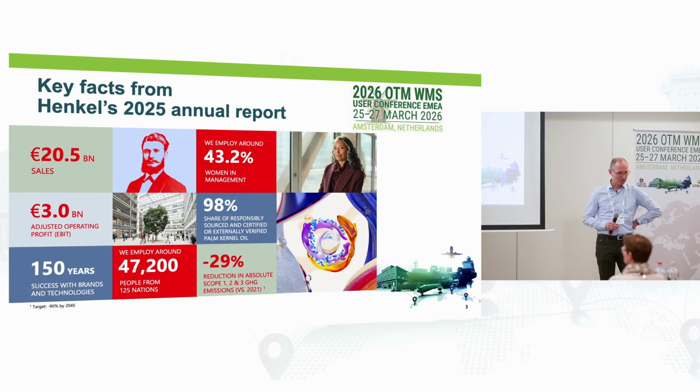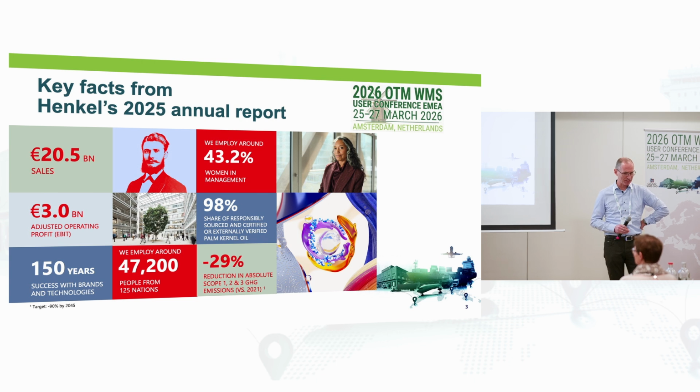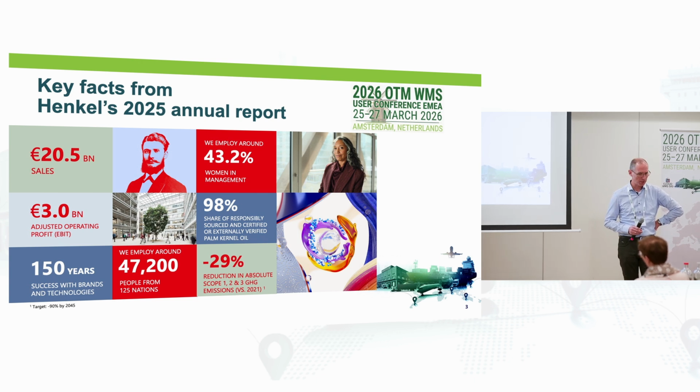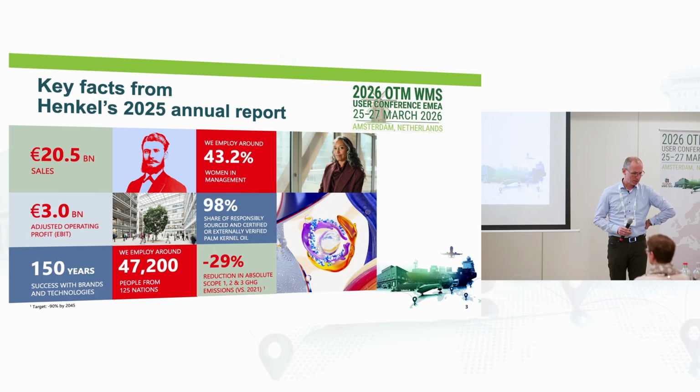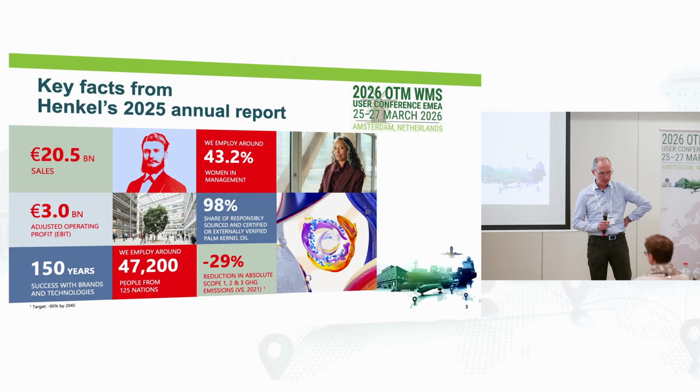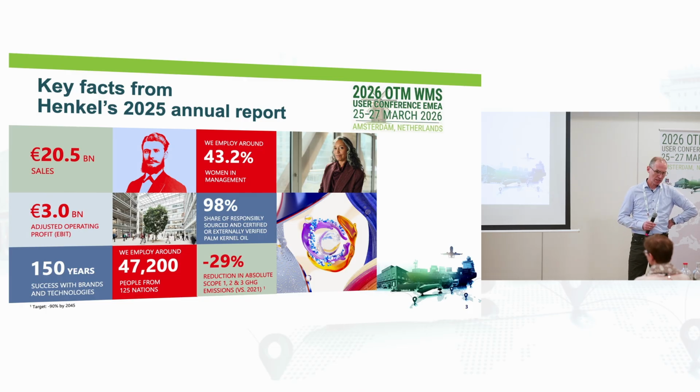Some facts about Henkel, if it's not that familiar for you: a bit more than 20 billion euro of sales. Just this year we announced the annual report, 3 billion euro of profit and a bit more than 47,000 employees. Beyond those figures, we also see some focus areas for us.